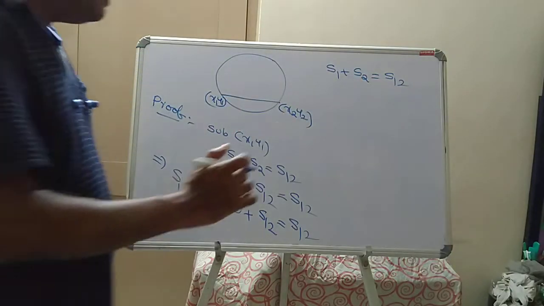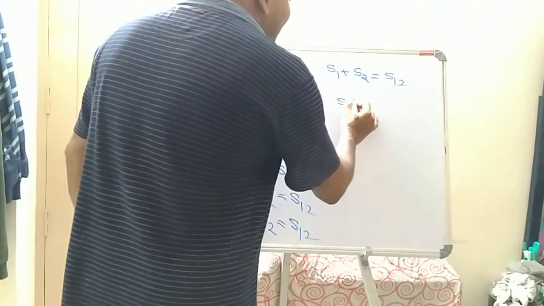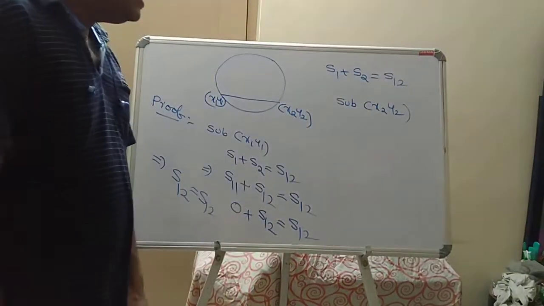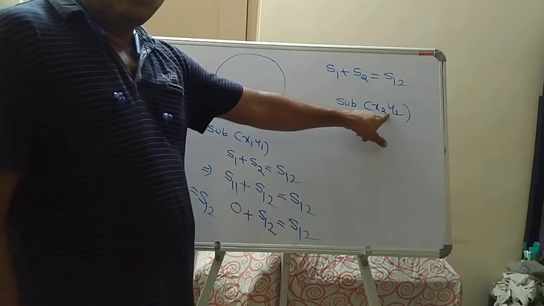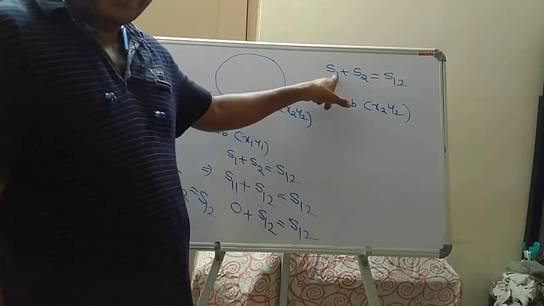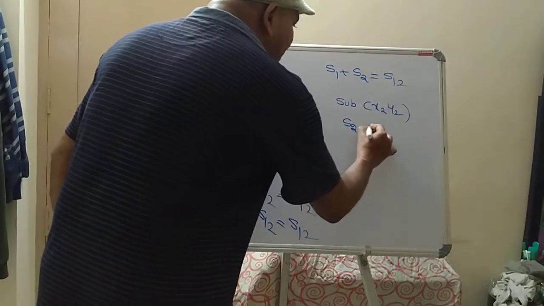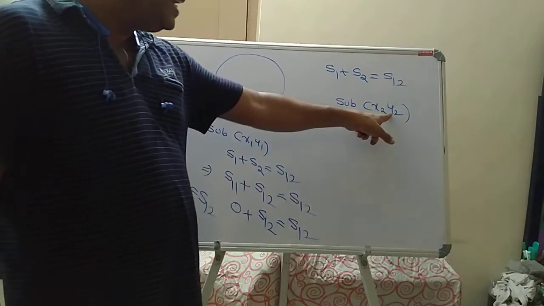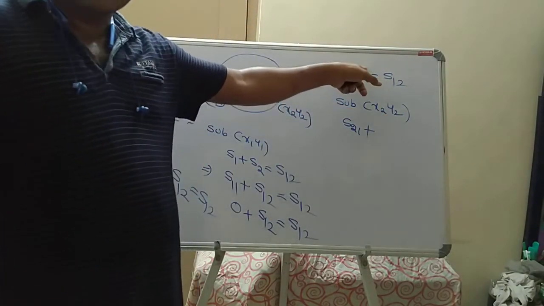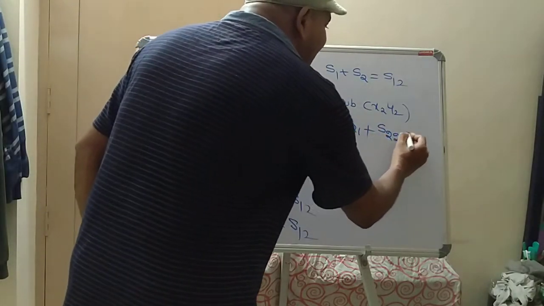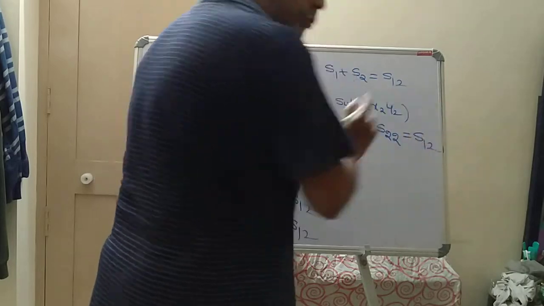Now substitute (x2, y2) in the equation. Substitute (x2, y2) in S1, we get S21, plus substitute (x2, y2) in S2, we get S22, equal to S12.